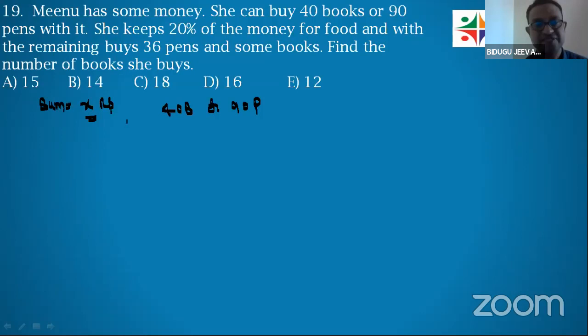Now, if she keeps 20% of the money for food, what is the amount left over with her? Only 80% of the money, 80% of X. With this 80% of money, she bought 36 pens as well as some books, X books. How many books did she purchase? This we have to calculate.